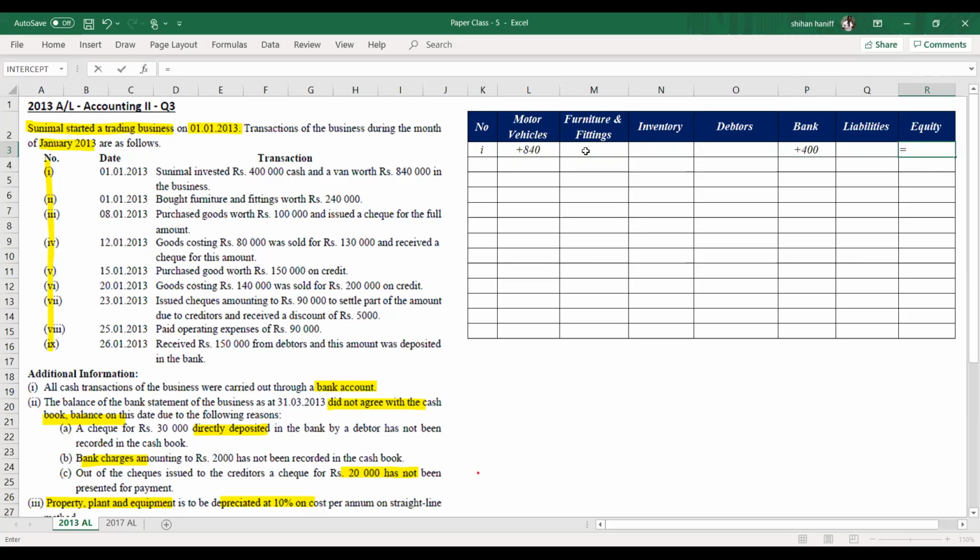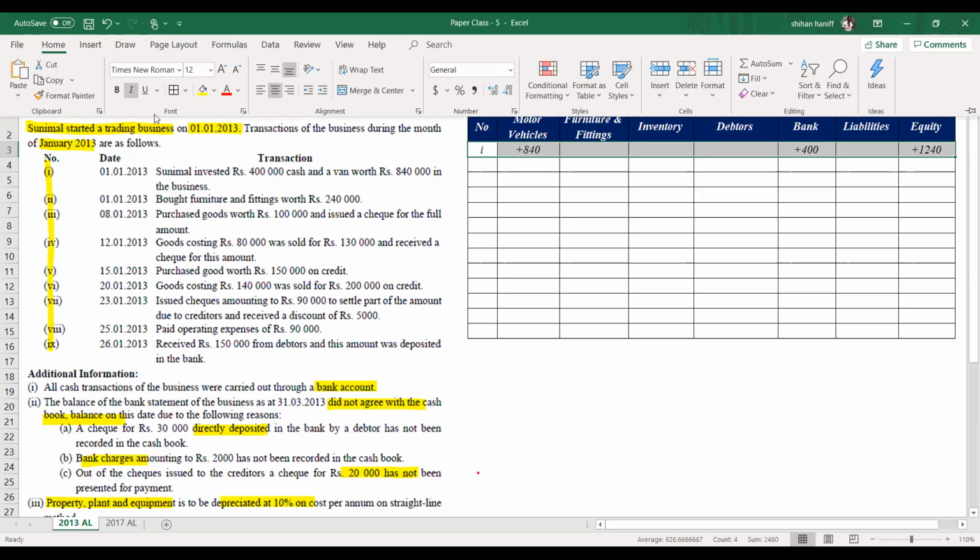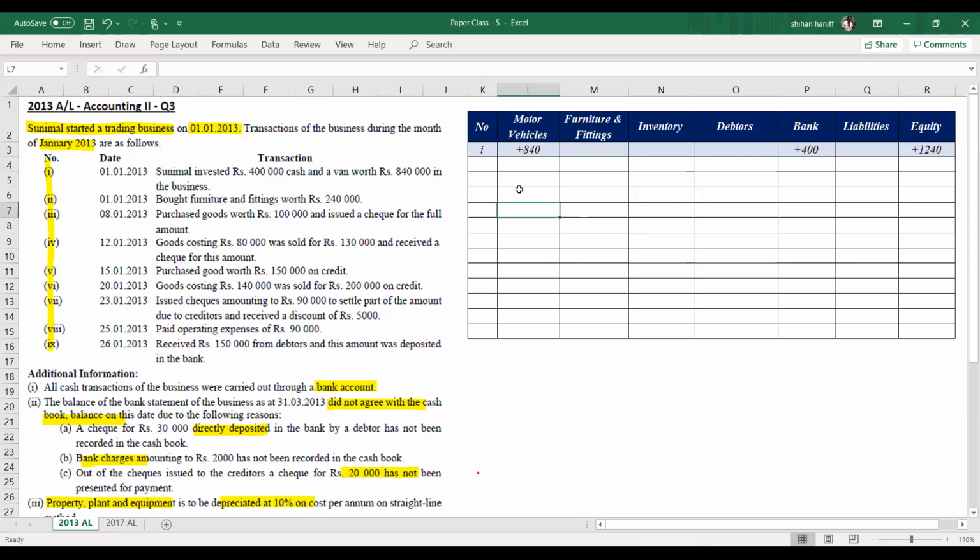Equity will increase by 1,240. So that's the entry for the investment of cash and the van: motor vehicle increase, bank increase, equity increase.